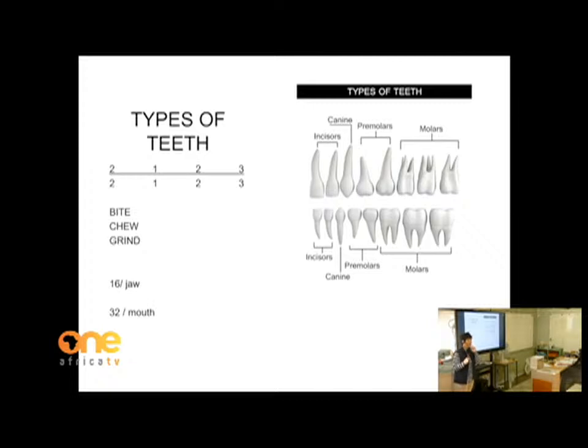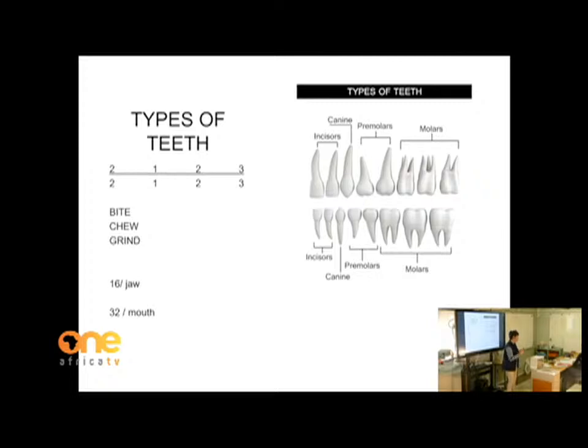So if you start in the middle, up, you will have 2 incisors, 1 canine, 2 premolars, and 3 molars. The same will happen at the bottom. Now this is the human teeth formula. If I give you a jaw of a goat, you will see that the teeth formula will differ.